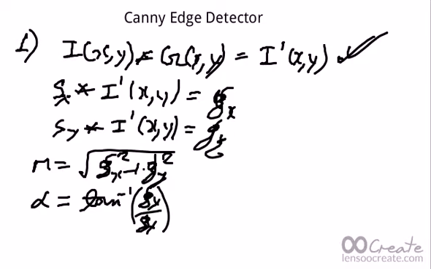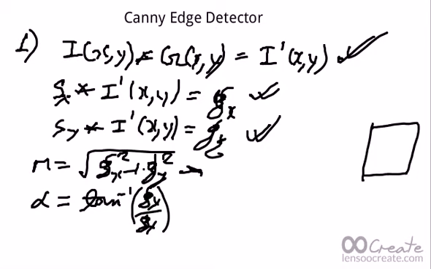After that, we detect the edges: we take the partial derivative in the x direction, this Sobel operator Sx, and in the y direction, Sobel operator Sy. Then we calculate the magnitude of the edge using this, and then we calculate this angle.